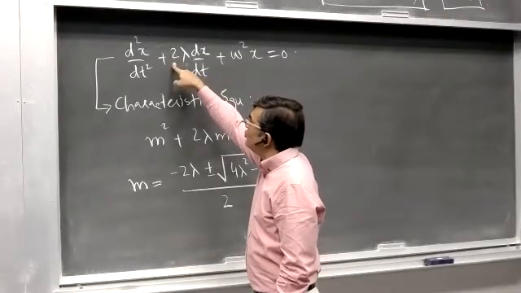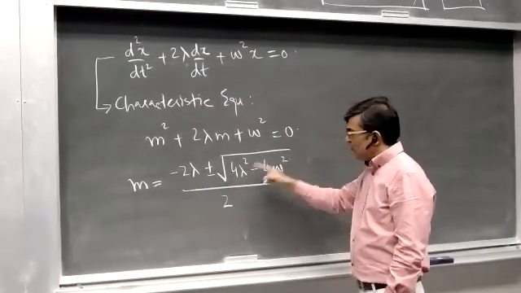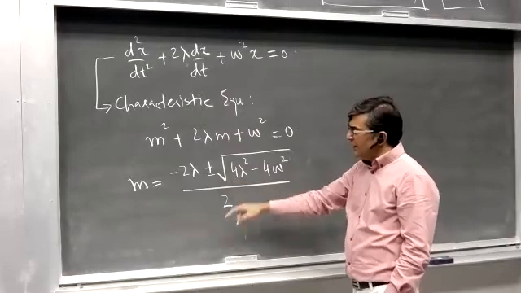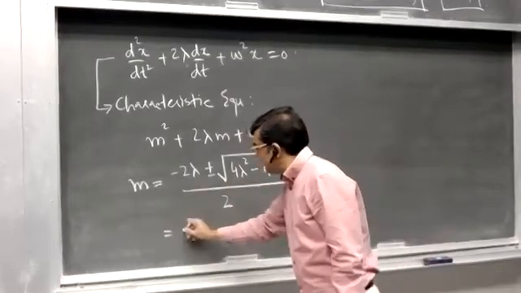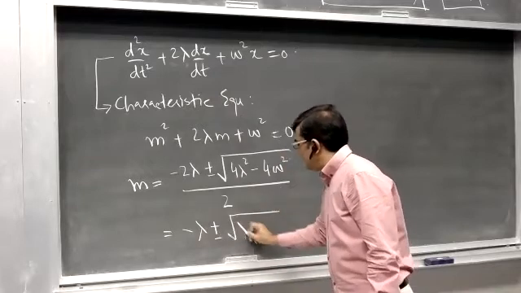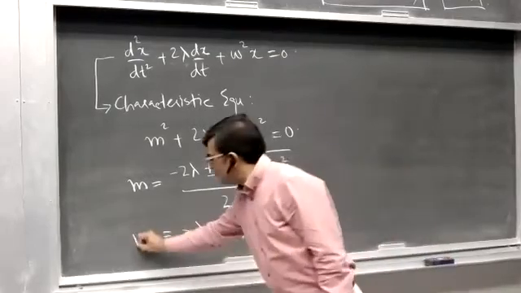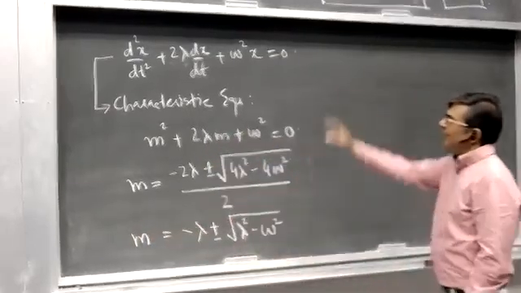We put 2 here so that we can simplify this expression. We can take 4 outside and simplify, and we obtain minus lambda plus minus square root of lambda square minus omega square. So these are the roots of that equation.